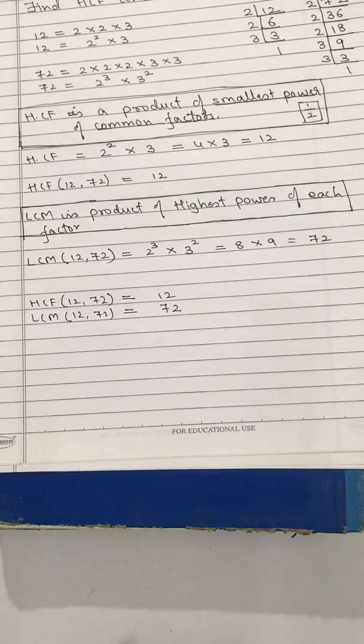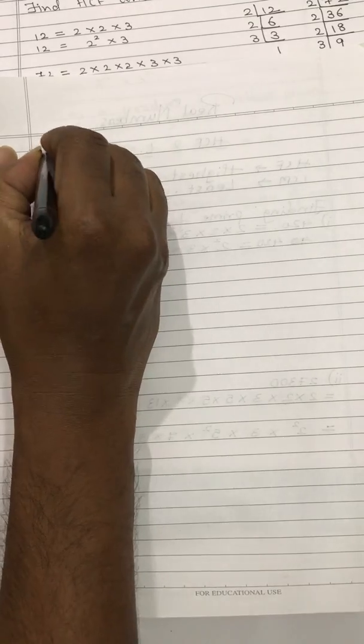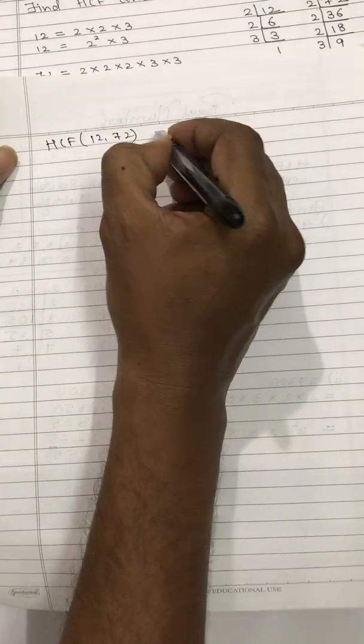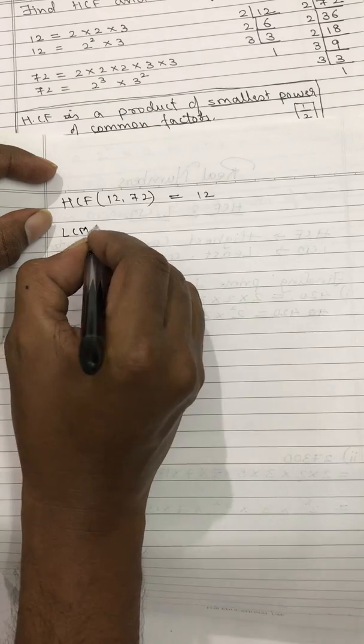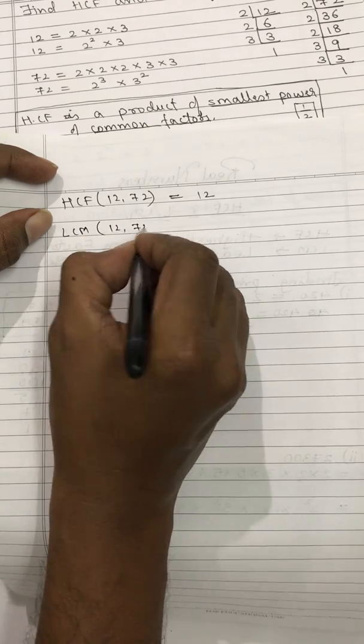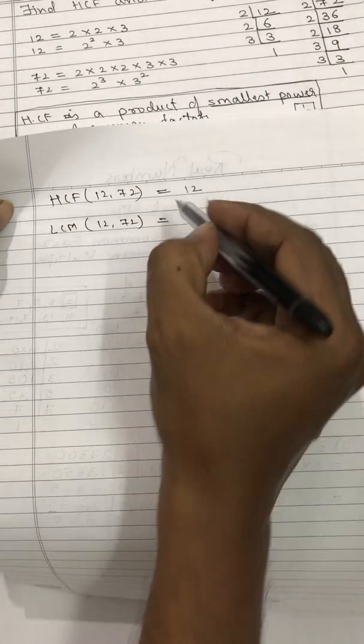But I'll come back to the basics that I have told you before, because some students have confusion regarding the names. In this case we take the example that HCF of 12 and 72 is equal to 12, and LCM of the same numbers is equal to 72.